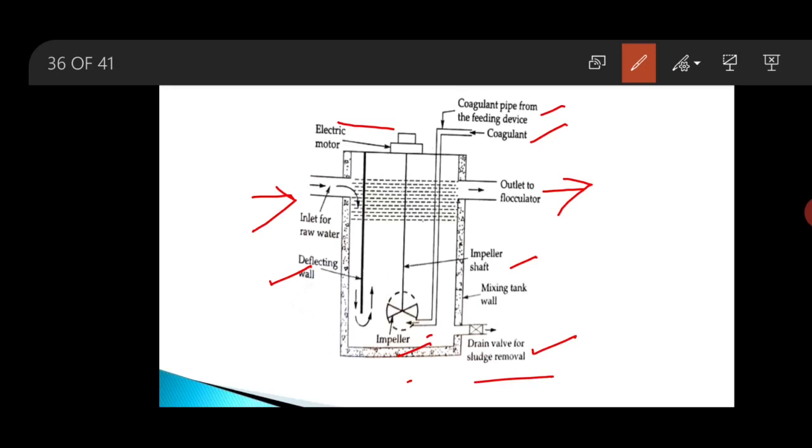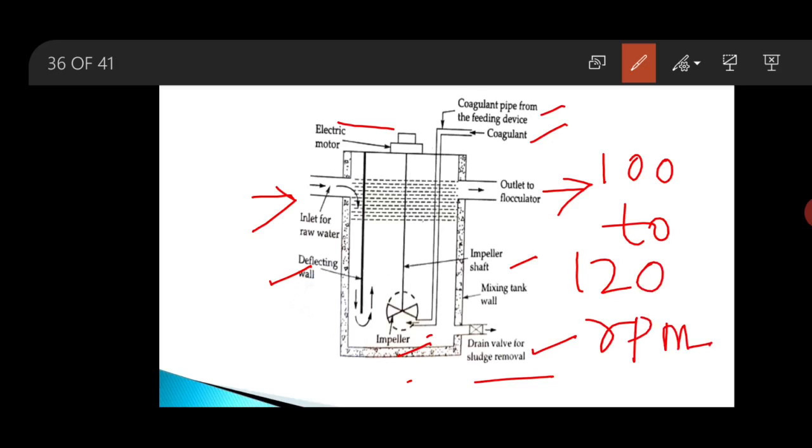The impeller speed is generally kept between 100 to 120 rpm, and the detention period in this tank generally varies from half to 2 minutes.